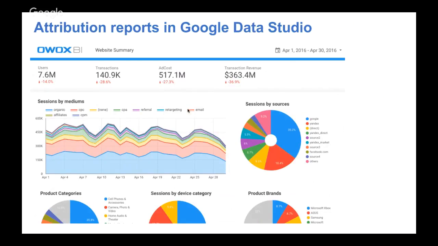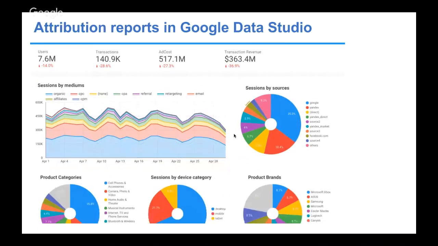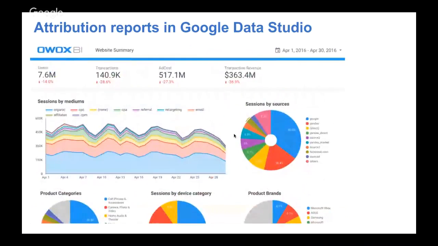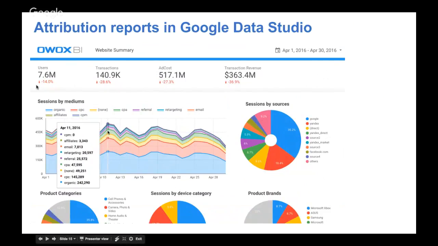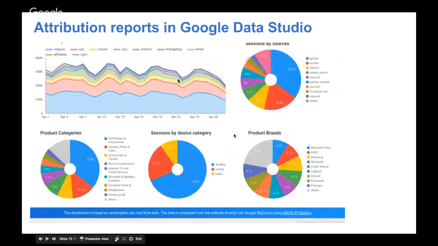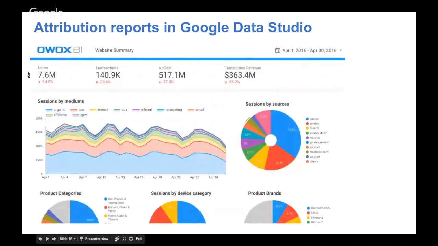First, this is an example of the dashboards that you could build in Google Data Studio. As you see, there are several types of charts that you could place on one page. You can put emphasis on some key performance indicators here. For example, you can show how the number of users changed compared to the previous month, or how the number of transactions changed compared to the previous period.